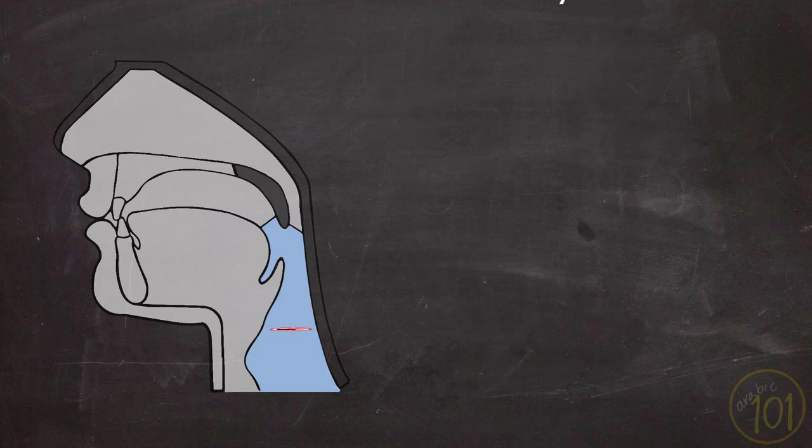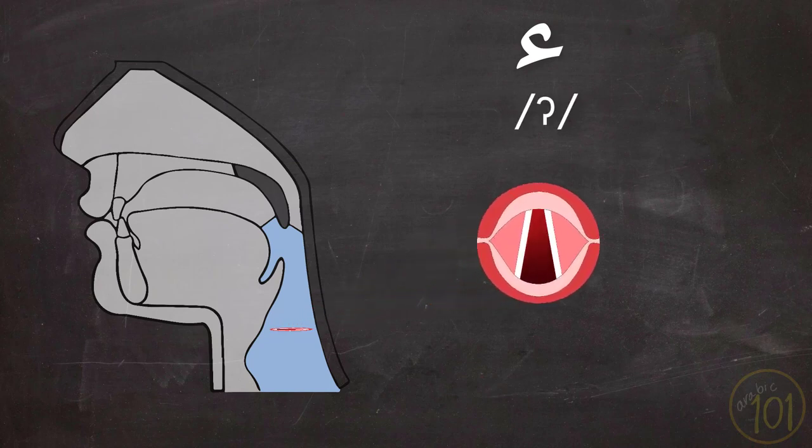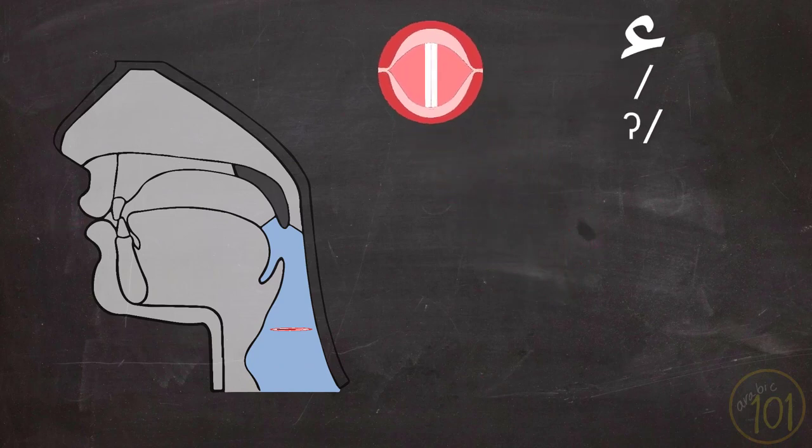As for the hamza, which produces the sound of a, it is also produced by controlling your vocal cords, but this time you'll be doing the opposite of what we were doing with the ha sound. It is essentially stopping air from passing, and we do that by closing the vocal cords.